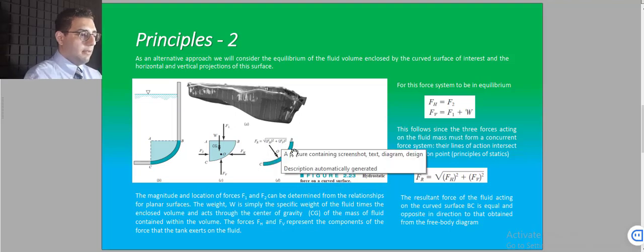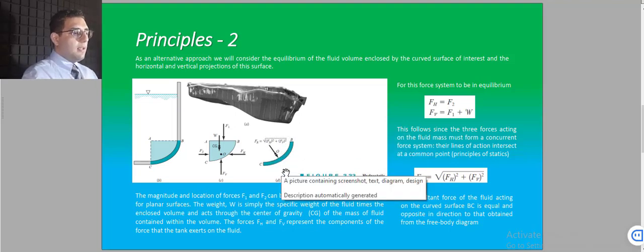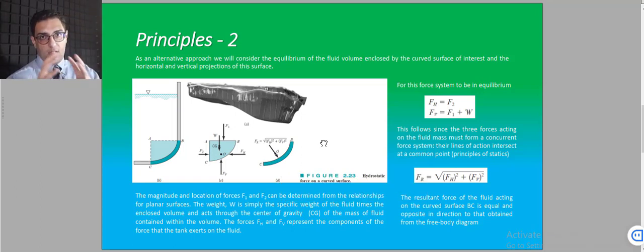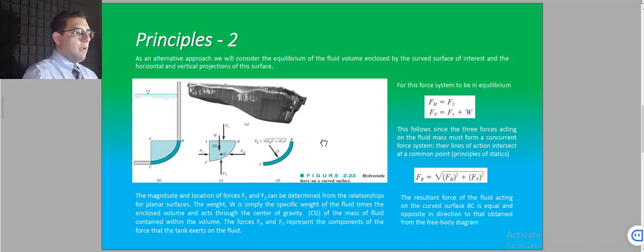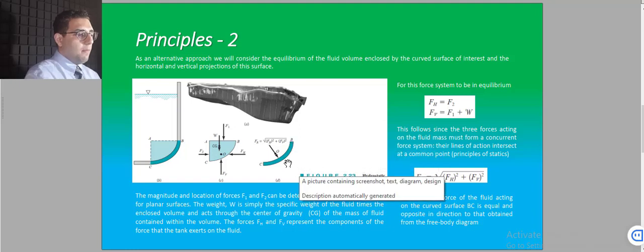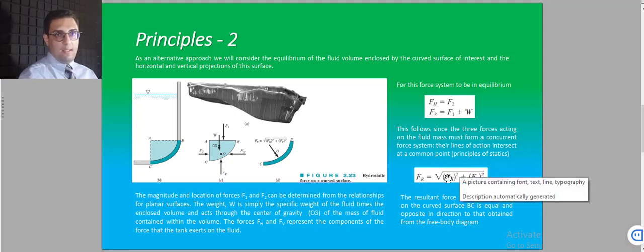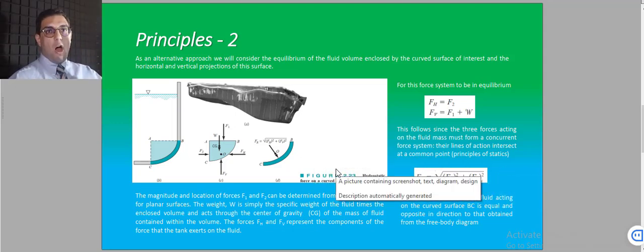force in this direction. This means that if we have a fluid on a surface and the surface is curved, we're going to have the resultant force as a mathematical formulation like this, but its direction is opposite to what we have calculated from the free body diagram.